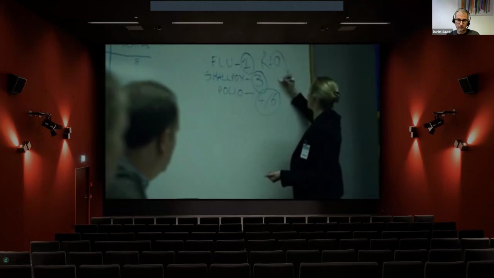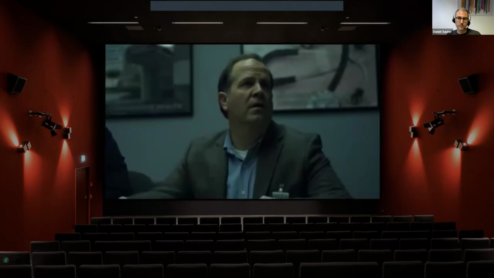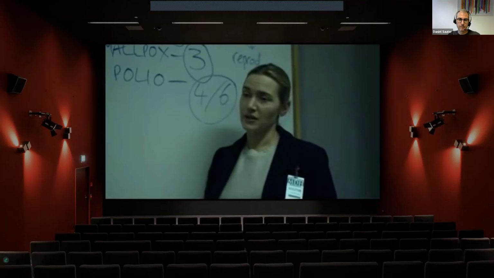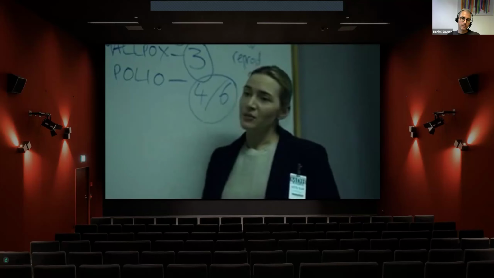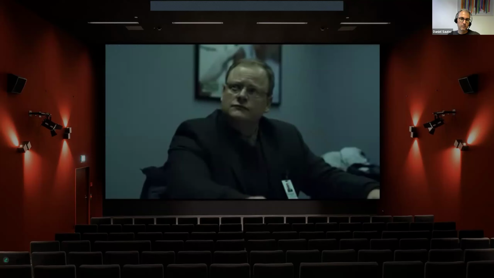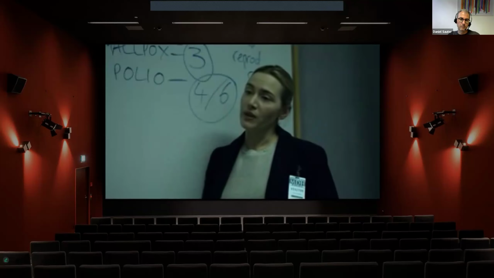R stands for the reproductive rate of the virus. Any ideas what that might be for this? How fast it multiplies depends on a variety of factors. The incubation period, how long a person is contagious. Sometimes people can be contagious without even having symptoms. We need to know that too. And we need to know how big the population of people susceptible to the virus might be. So far, that appears to be everyone with hands.